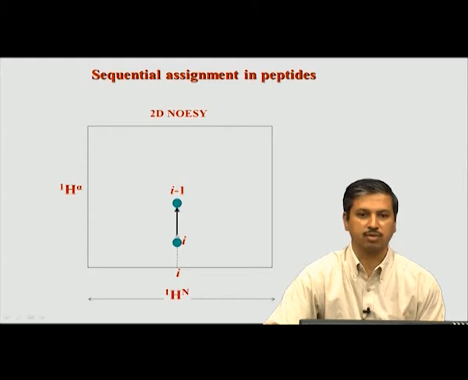In a ROESY spectrum it will give me a correlation to I minus 1. This is the H alpha of I minus 1. When I look at the self chemical shift of I minus 1, which is here, not only this I minus 1 peak will be there, but it will also show correlation to I minus 2. I started from a residue I which is arbitrary, and I found its I minus 1, because in a NOESY I get both the correlations.